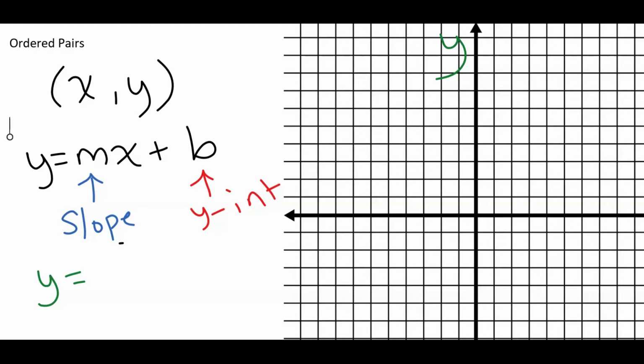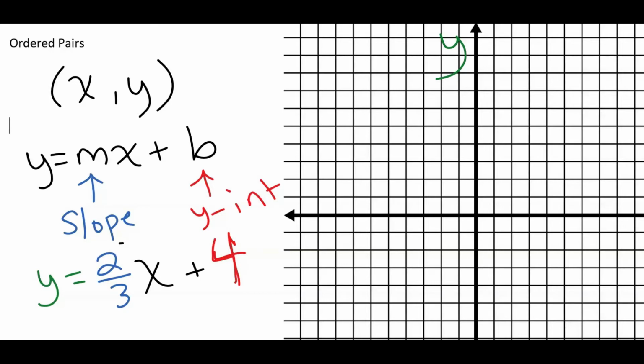So if I were to give you a slope, and let's say I gave you the slope 2 over 3, and that was in front of your x, and then let's say the y-intercept was 4. So this is in slope-intercept form: y equals 2/3 x plus 4.